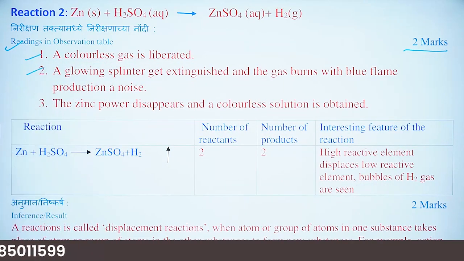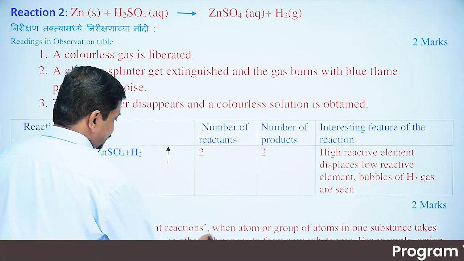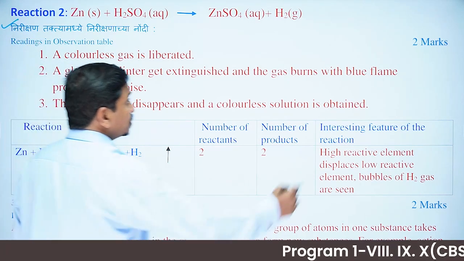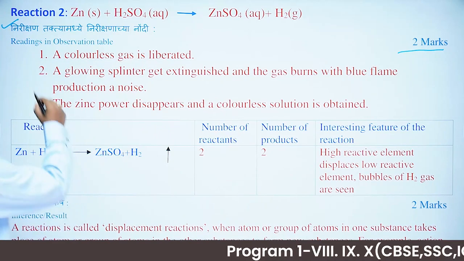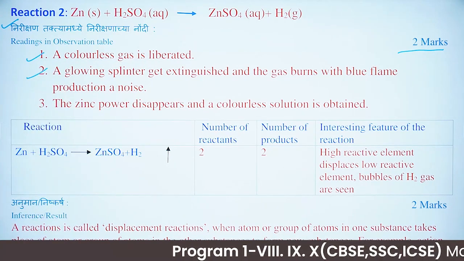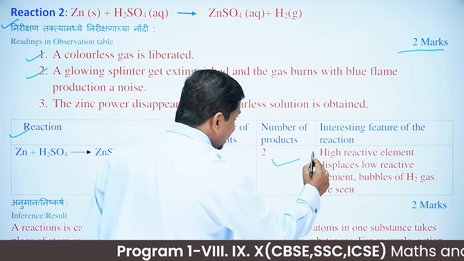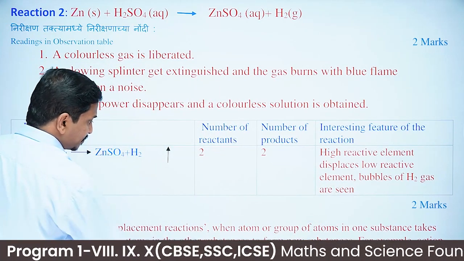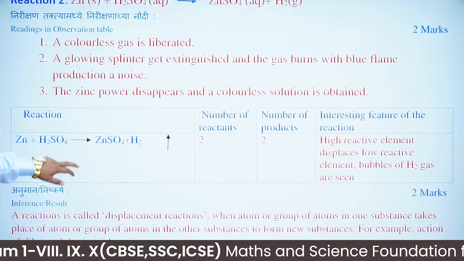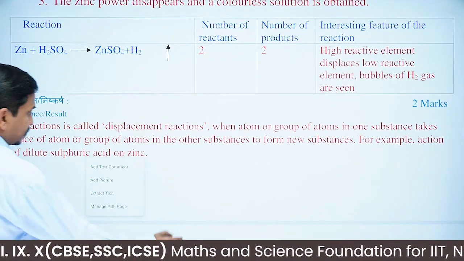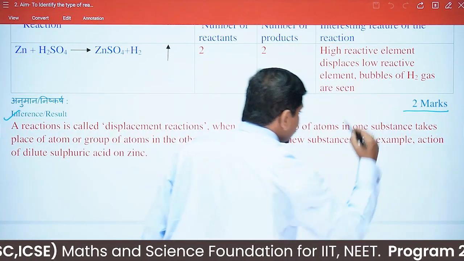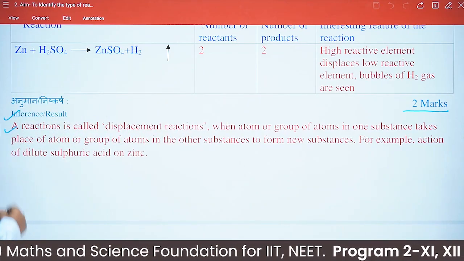For writing any 2 points, you will get 2 marks. For observation table, you will get 2 marks. 1 mark for writing any 2 points and 1 mark for filling any 2 blanks. You will get 2 marks for observation table. For conclusion, you will get 2 marks. For writing this point, you will get 2 marks.